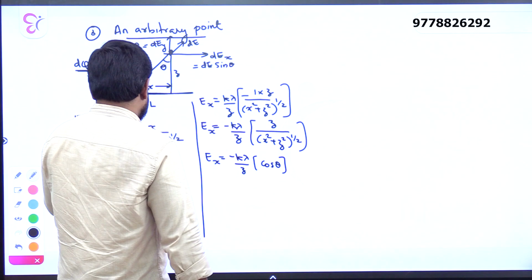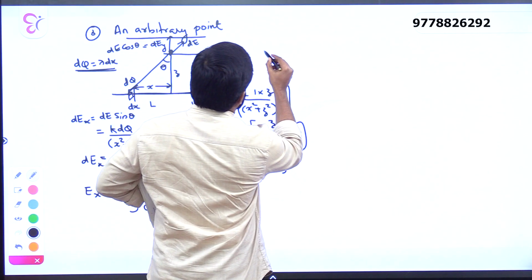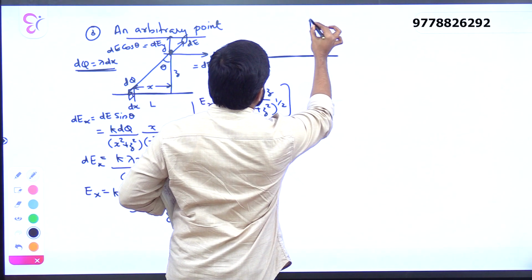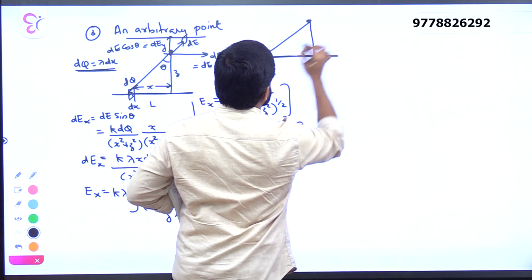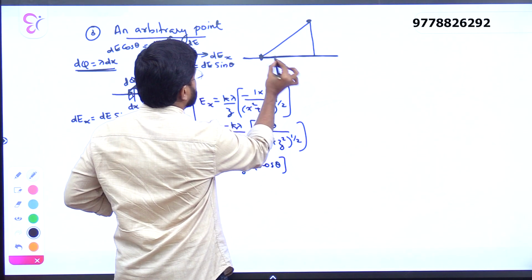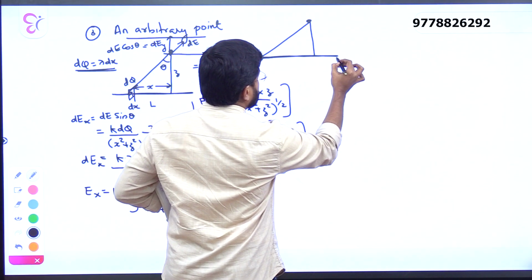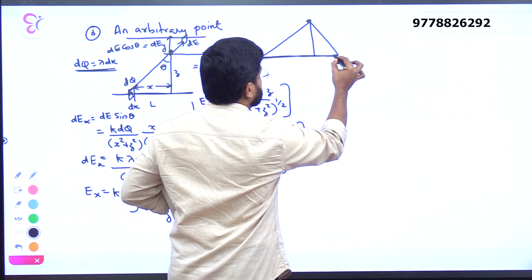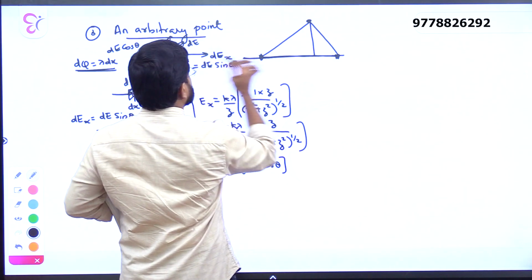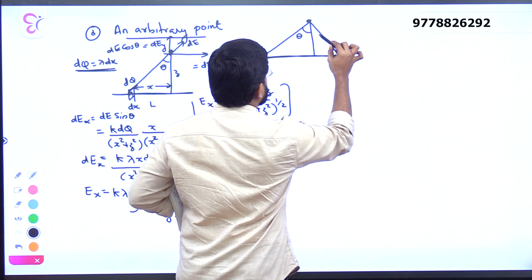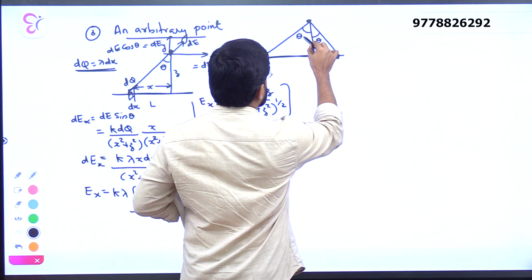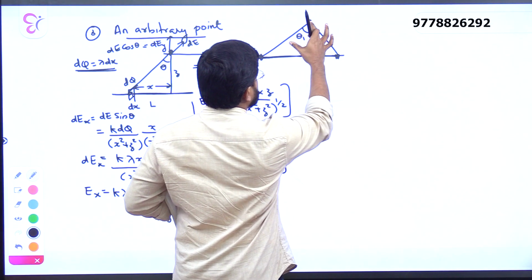What is cos theta? If this is my rod and I put my point somewhere here and take an element here, somebody can take an element there also. Here I have a theta, here also I have a theta, and here also someone will have a theta. I make it theta 1, and this theta will not be equal to that one because they are not the same.